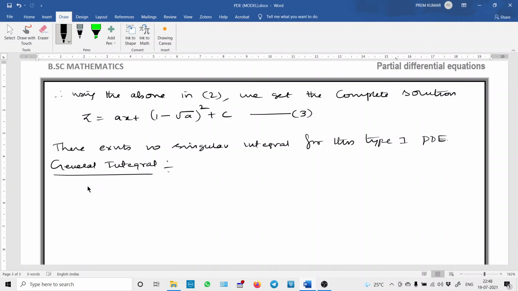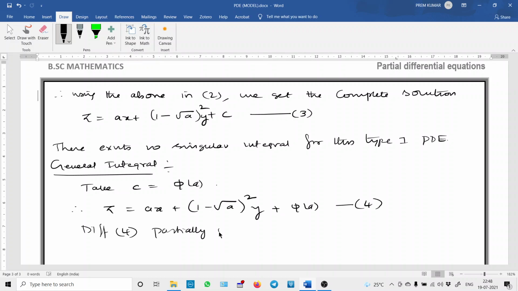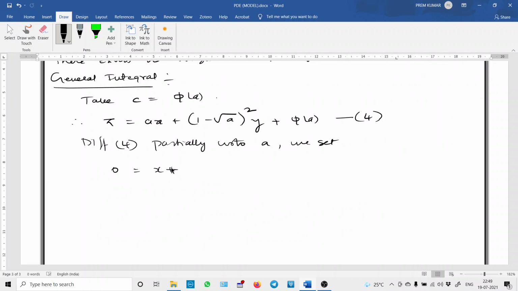Now what we do? Differentiating 4 partially with respect to a, we get dou z by dou a, actually 0, which is equals to x plus, so what is the differentiation of this quantity with respect to a?